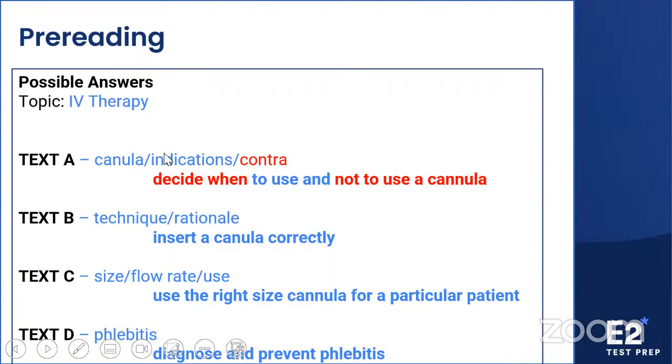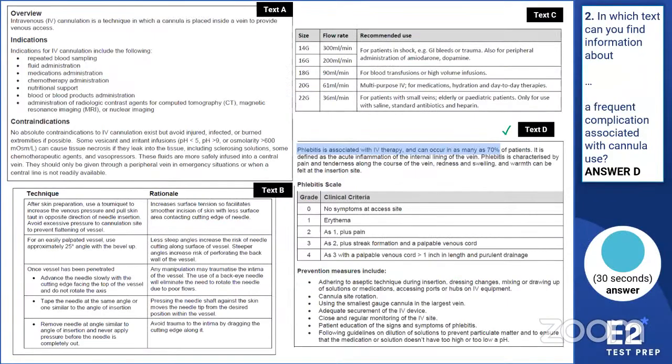Okay, now when we go back and we think about when we skim read, yes, we noticed decide when to use and not to use a cannula. That's another way of thinking about what the reader can do with the information in text A. So now for 2, the correct answer for where we can find information about a frequent complication associated with cannula use, that is in answer D, and it's the illness or the condition of phlebitis.